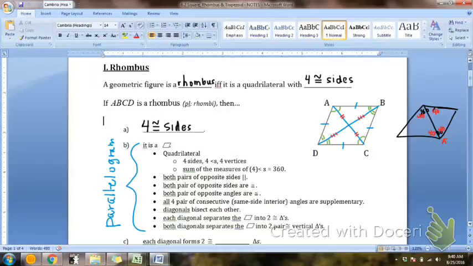Another thing that is new about a rhombus is that the diagonals are perpendicular to each other. And what does perpendicular create? A right angle. So that means in the middle you have 4 right angles, because the diagonals are perpendicular to each other.